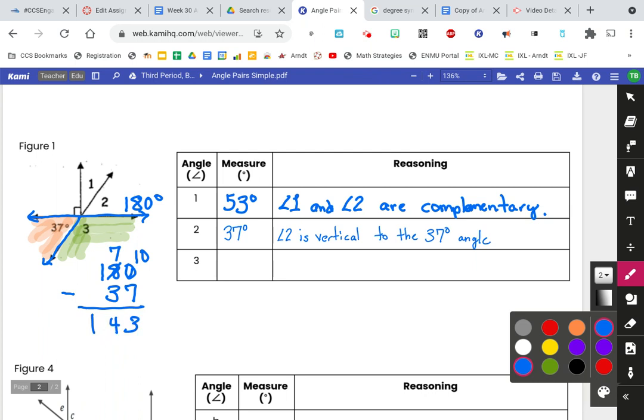So I can conclude that angle 3 is 143 degrees. And my reasoning is angle 3 and the 37-degree angle are supplementary.